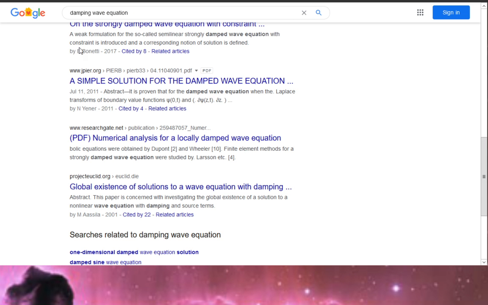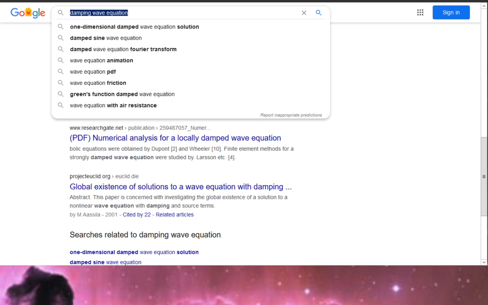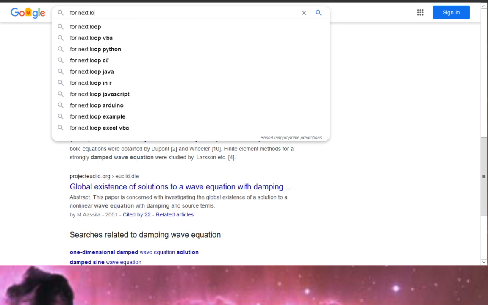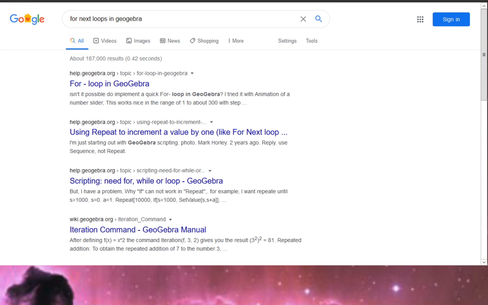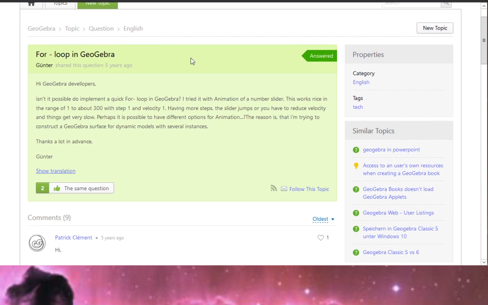Let's look up for next loops in GeoGebra. For loop in GeoGebra. Scripting.